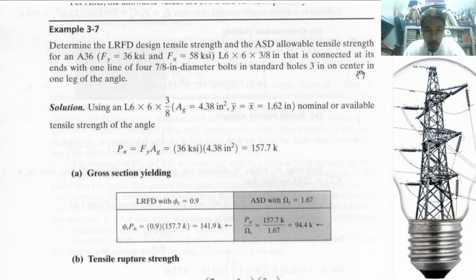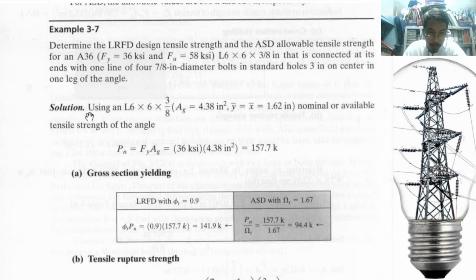So example number 7, we are asked to find out the LRFD and ASD design for A36. There are two types of material that we are using in this book. A572 is the current trend. A36 is the old one. A36 is equal to 36 ksi yield.